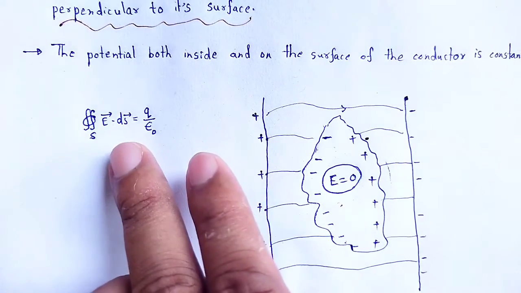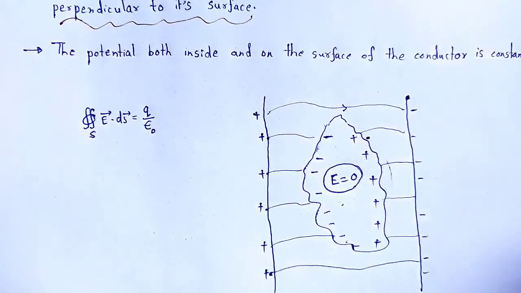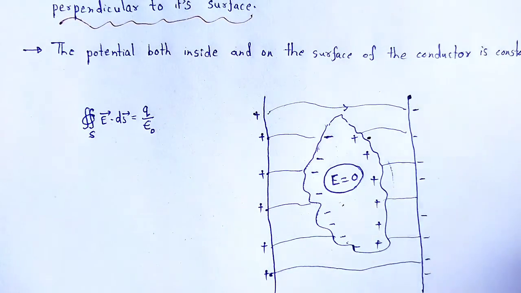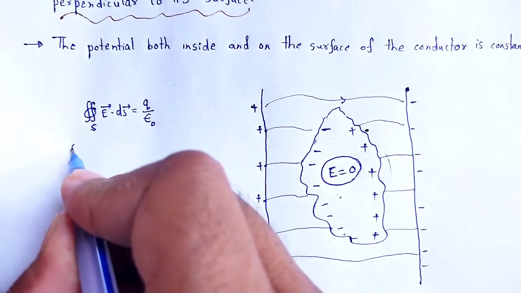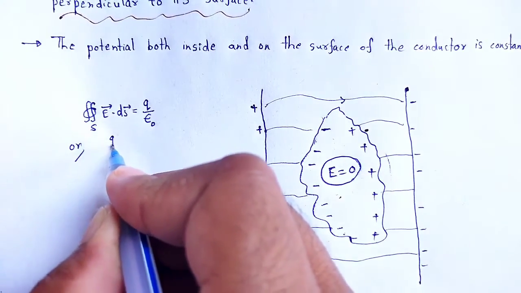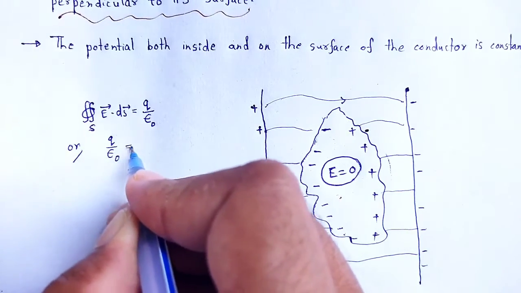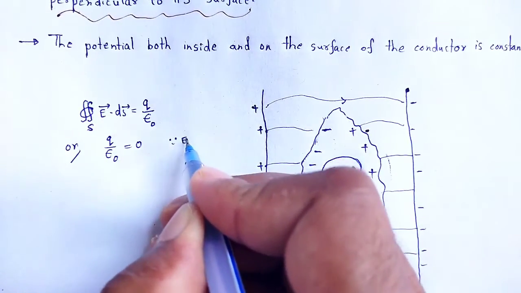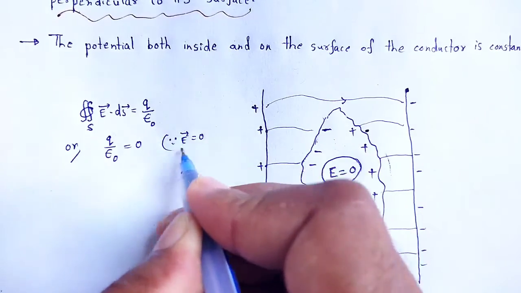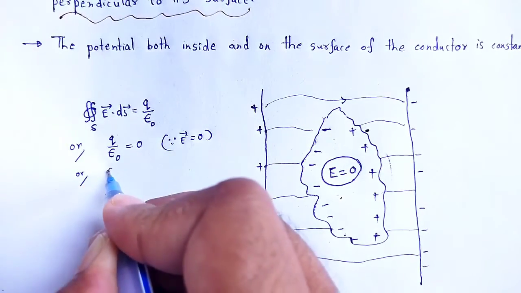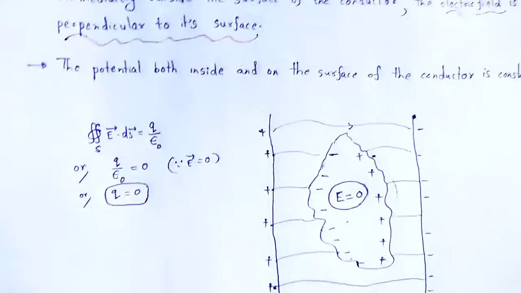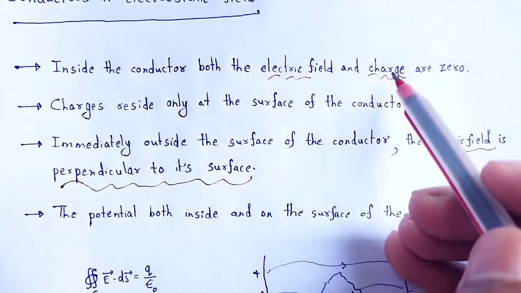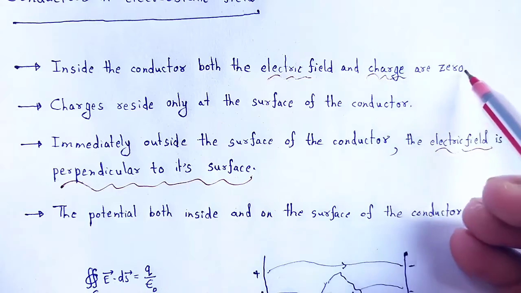As the electric field is 0 inside the conductor, Q by epsilon naught is equal to 0. Therefore, the charge will be 0 inside the conductor. That point is explained.